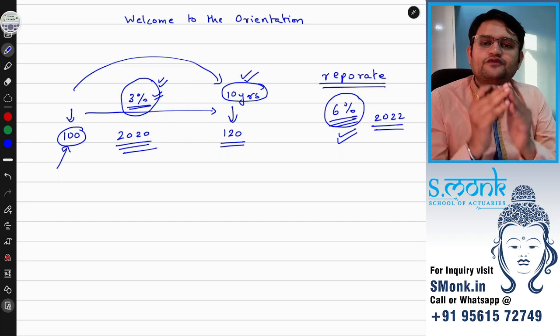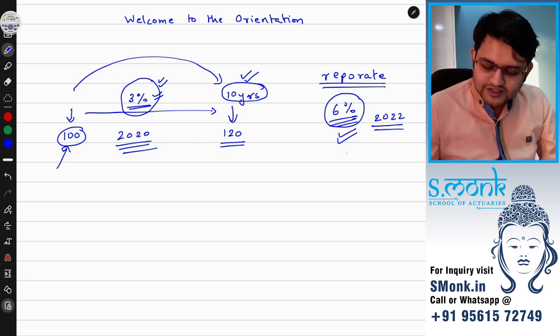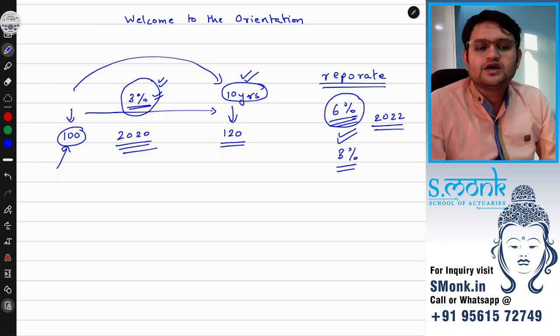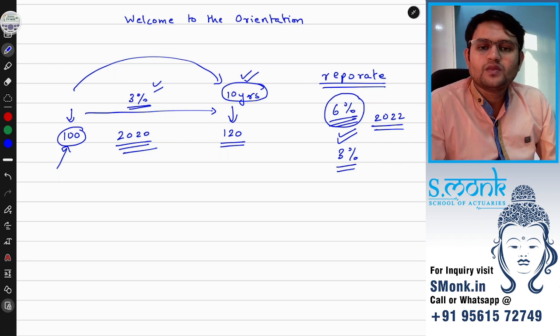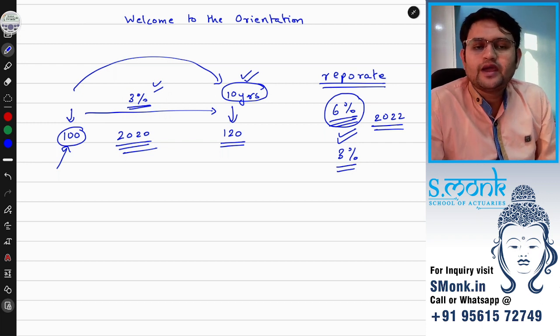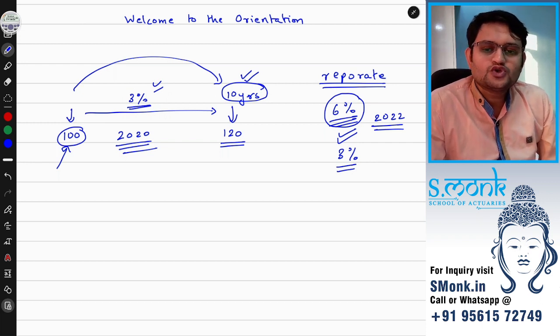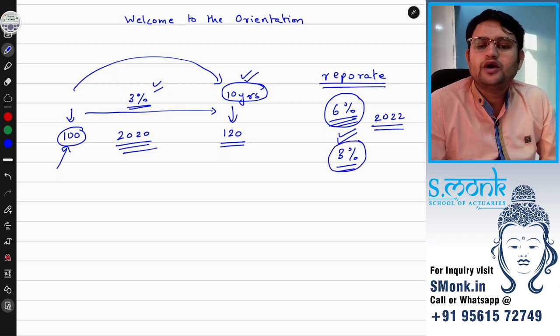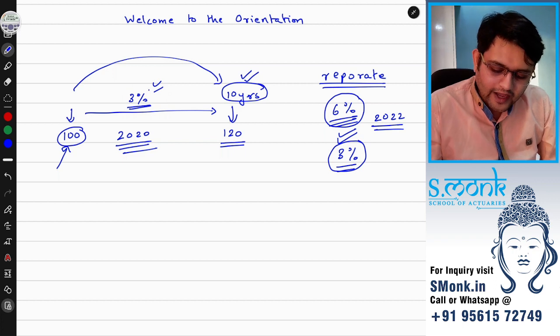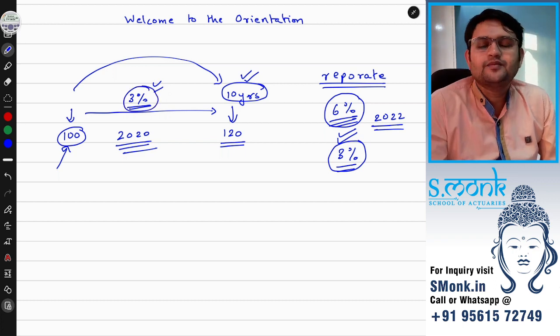Because if, let's say, the government was offering the same rate of interest, 3%, today, as the bond that was bought by SV Bank, then they would say either I buy the bond from the government or I buy the bond from SV Bank, I am getting the same interest.